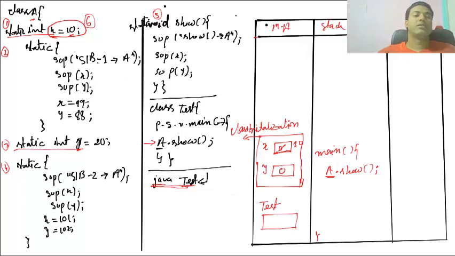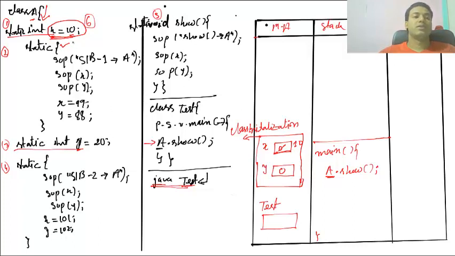And in the next run, JVM again goes through the entire class and initializes all the static variables with hard-coded values if available, and also starts executing the static block. From top to bottom, first x comes, and the value 10 is initialized at this point.